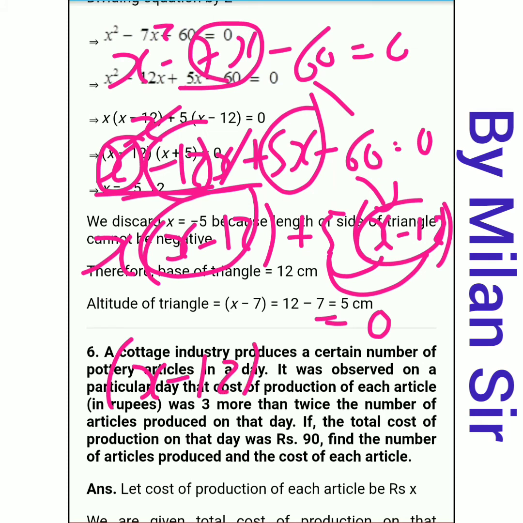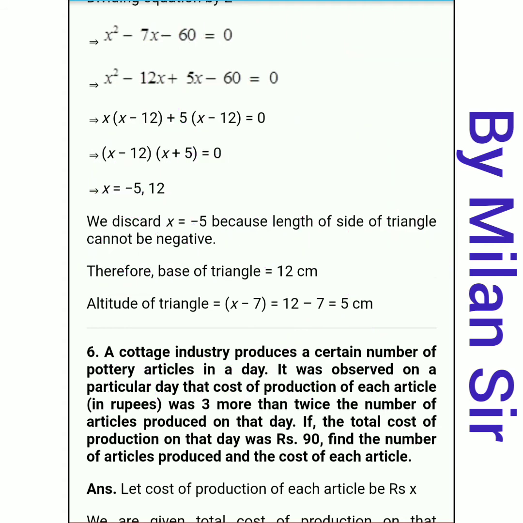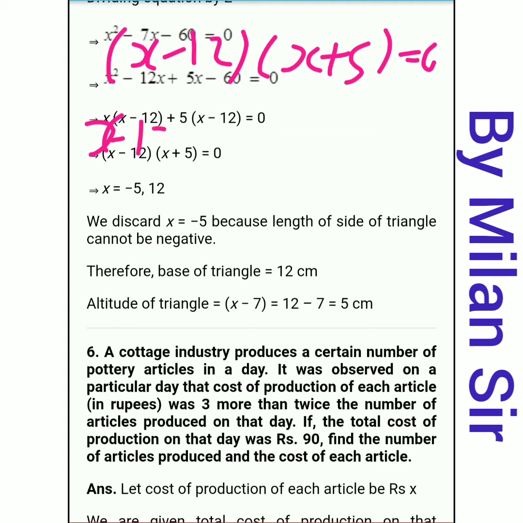So x minus 12 common, then what is remaining here? It is x plus 5. So right now we have two brackets, x minus 12, x plus 5 is equals to 0. So our first bracket is 0, otherwise second bracket is 0. So x minus 12 is equals to 0, otherwise x plus 5 is equals to 0.